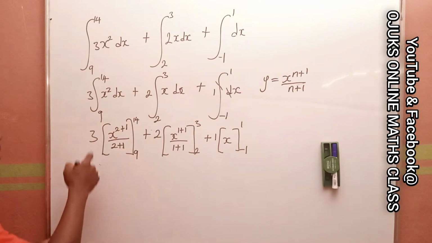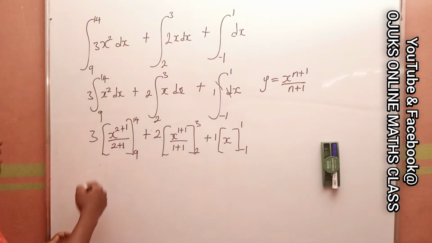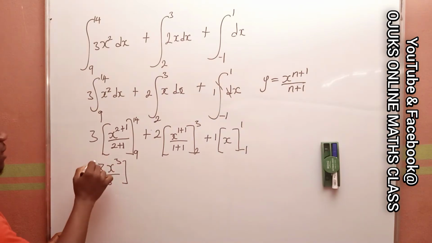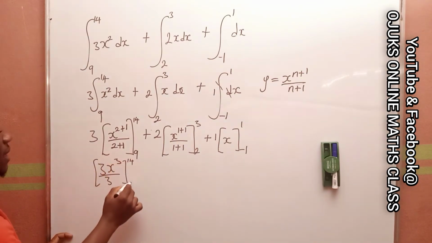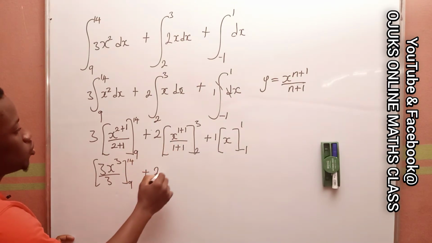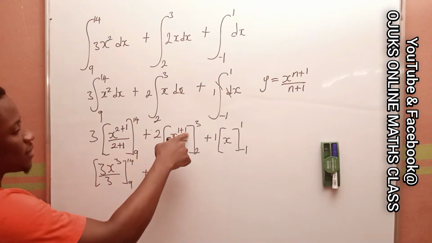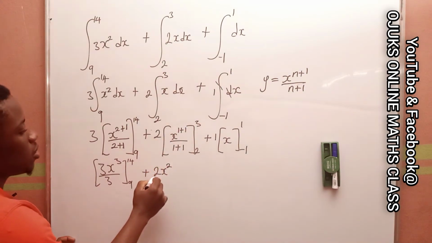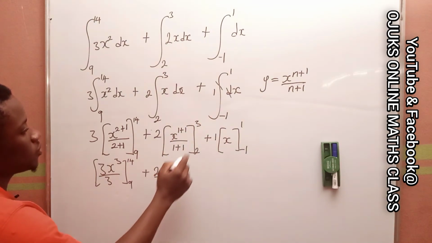So we have this 3 outside multiplying the whole of the numbers in this bracket. We are having 3 x raised to power 3 over 3, then assign your limits 14 and 9. Plus 2 multiplying everything here, we're having 2x raised to power 1 plus 1 over 1 plus 1, we're having 2.